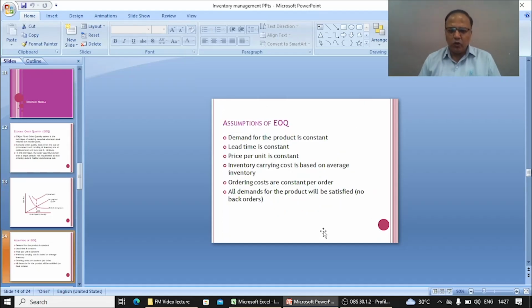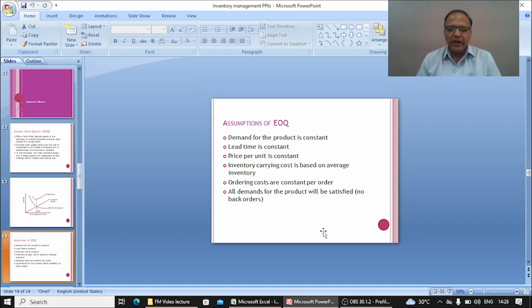Assumptions of EOQ. Whenever we have to apply an EOQ model, we have to make some assumptions. Number one, demand for the product is constant. Number two, lead time is constant. Number three, price per unit is constant.